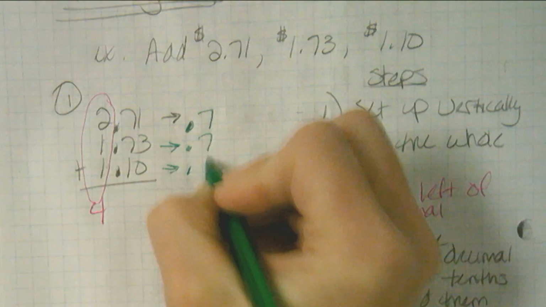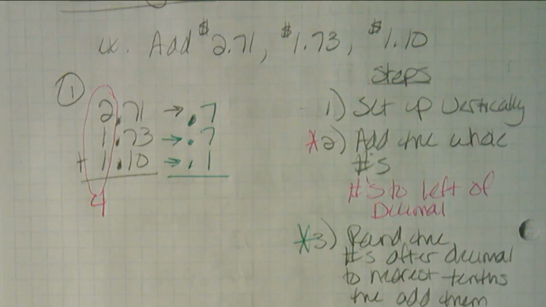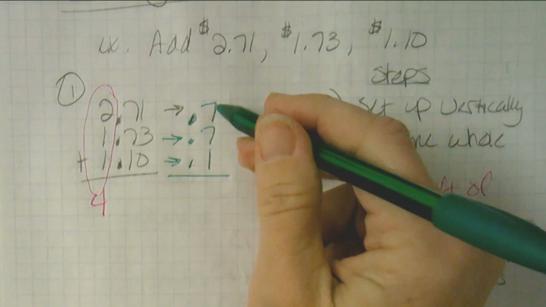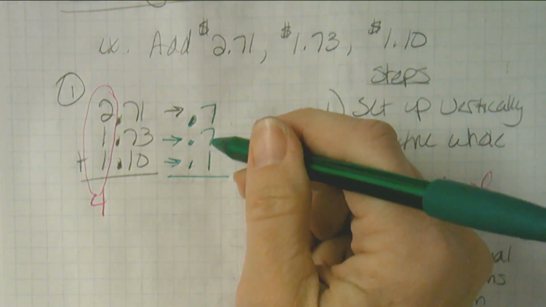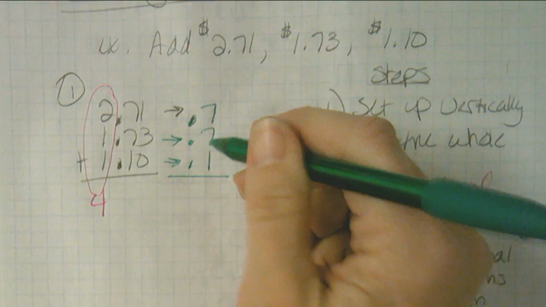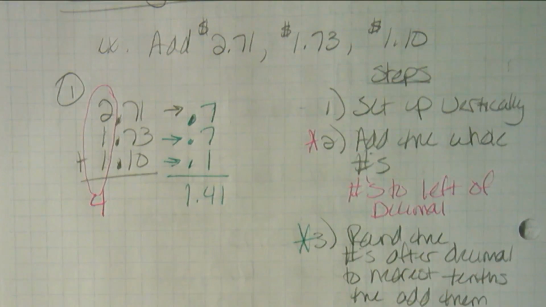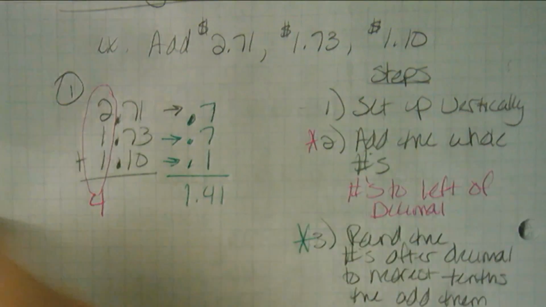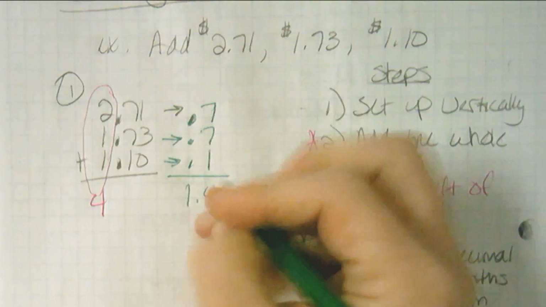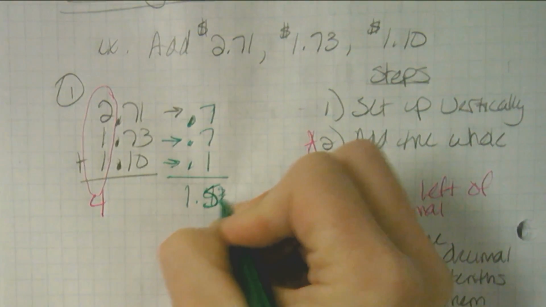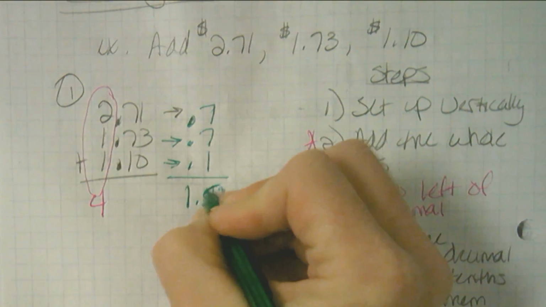Now add these. So 0.7 plus 0.7 is 1.4, plus 1 is... oh, no. Hang on. 1.5.